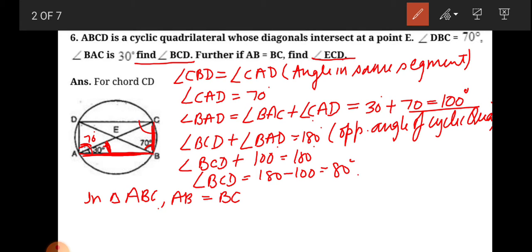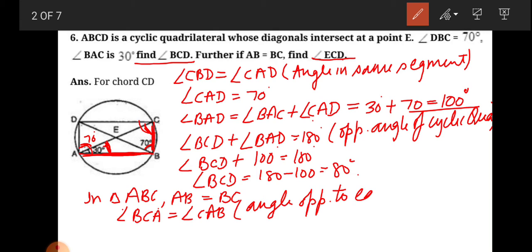So angle BCA is equal to angle CAB. Angles opposite to equal sides are equal. So angle BCA is also 30 degrees.